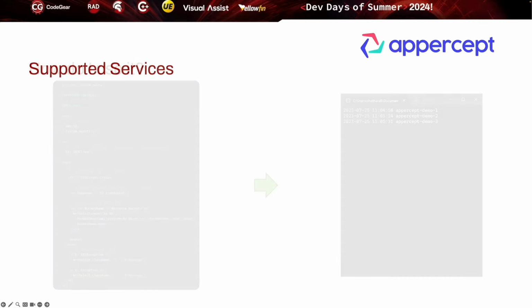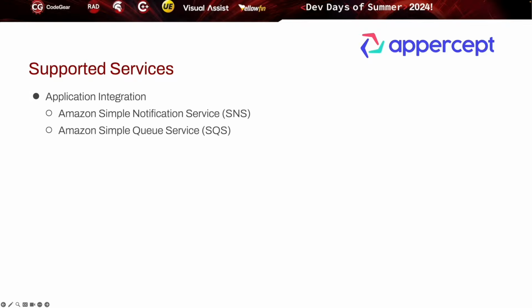So now you've seen how to use it, let's have a look at the supported services. In the application integration category, we have Amazon Simple Notification Service.